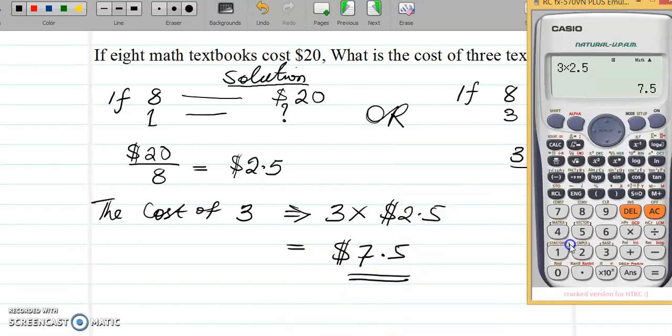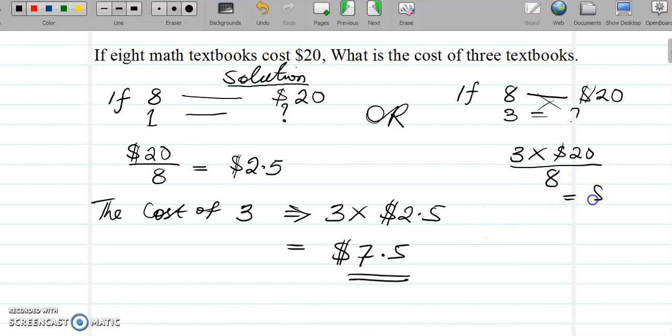In this case, I have 3 times $20, that gives me 60 divided by 8. We have 7.5. You see that? So you can use any method to solve it, but the best method is finding the single unit first.